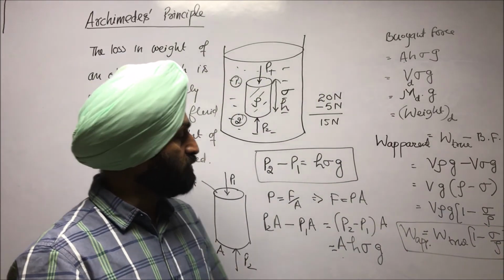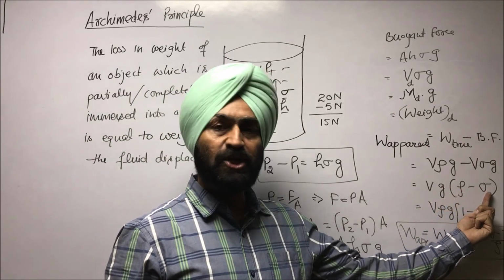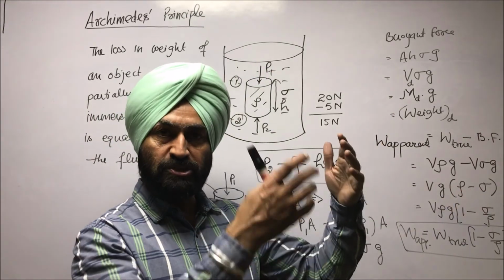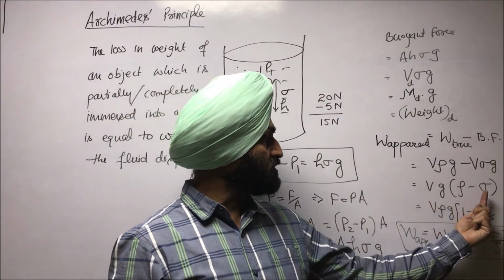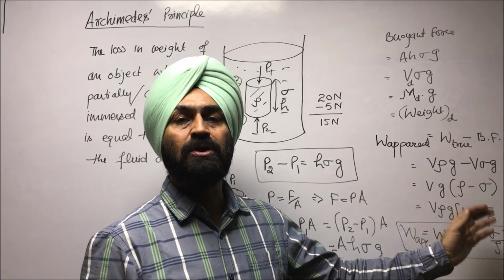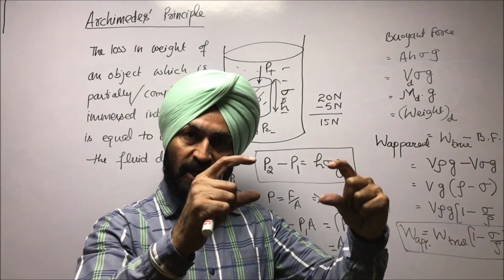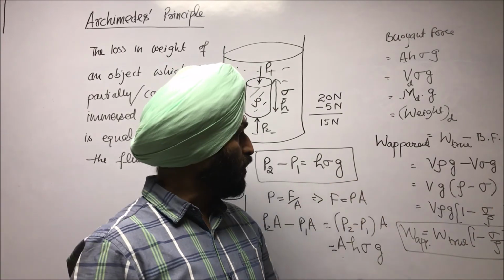So there are two possibilities. If density of object is larger than density of liquid, the weight turns out to be positive, and the object sinks. If density of object and density of liquid are the same, apparent weight is 0. The object can stay anywhere, wherever you leave it inside the water or other liquid.